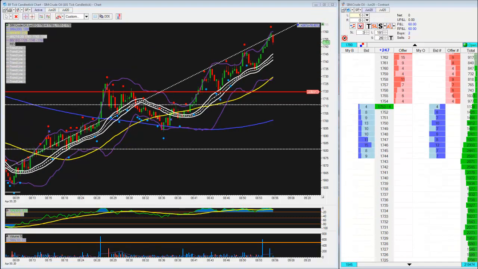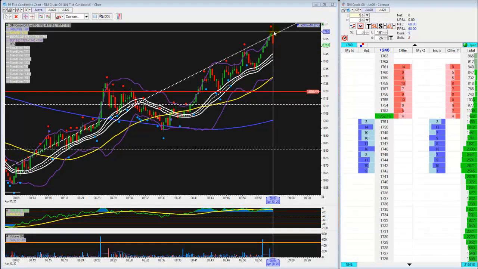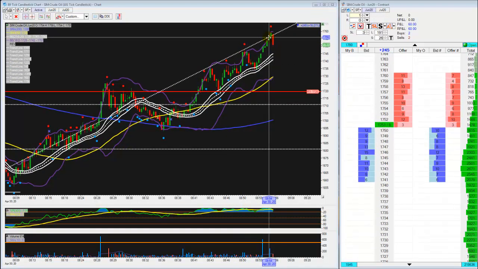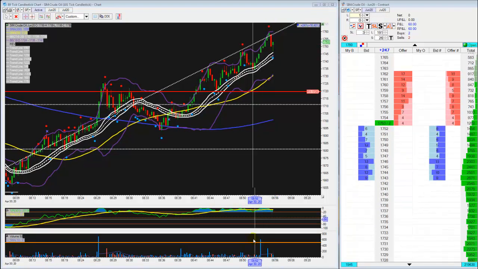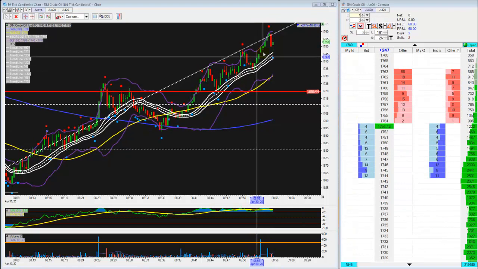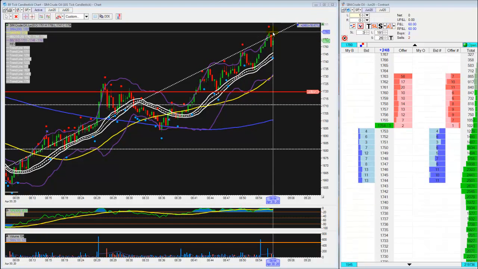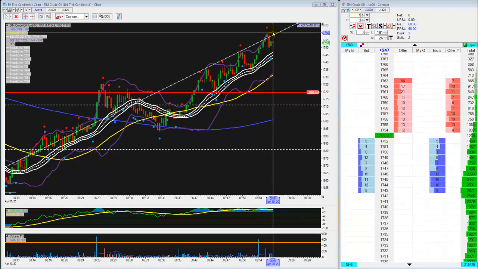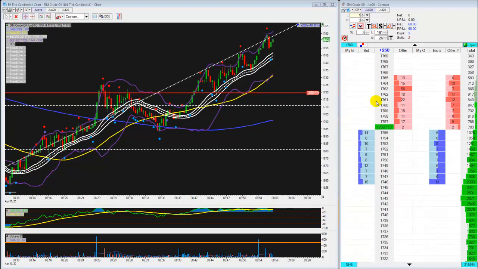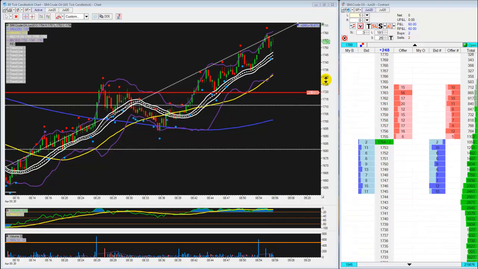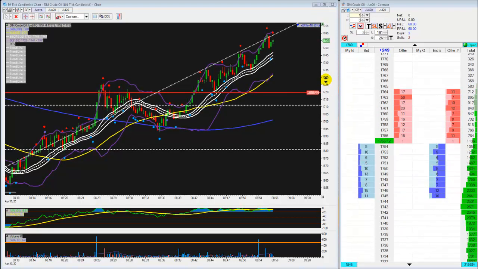Need volume. Alright, so we see it finally get up there. Up to the 45-degree angle. Another volume bar. Probably going to that 1780 we talked about. Let's wait.